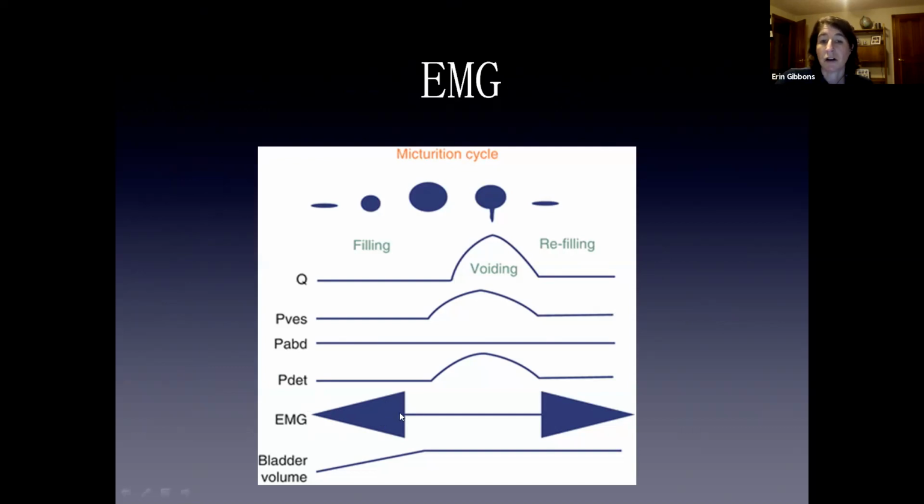When you ask someone to cough or Valsalva, you'll also see an increase in the EMG, because they're guarding against leaking. When they do urinate, obviously the external urinary sphincter should relax. And then after they're done urinating, you'll see the EMG again. It never, ever looks this clear. It usually looks like a lot of noise.